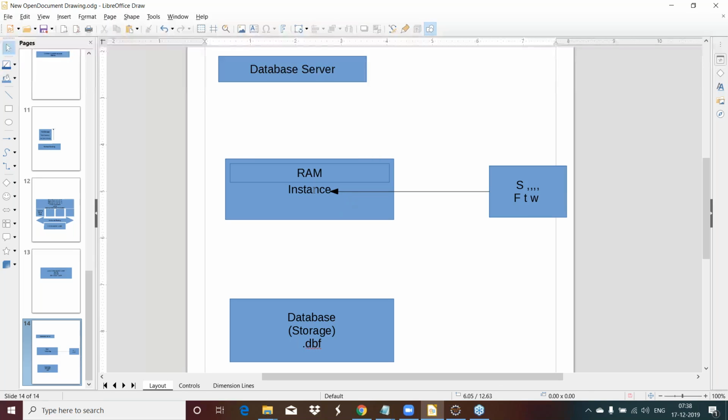But at the end of the day, you get connected to this instance, and this dedicated server connection or the shared server connection is going to work on your behalf, and the instance is going to help you.